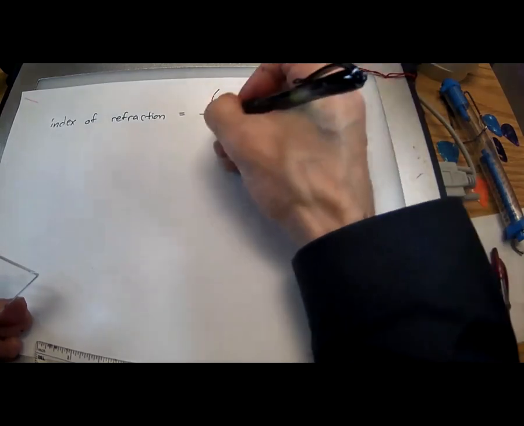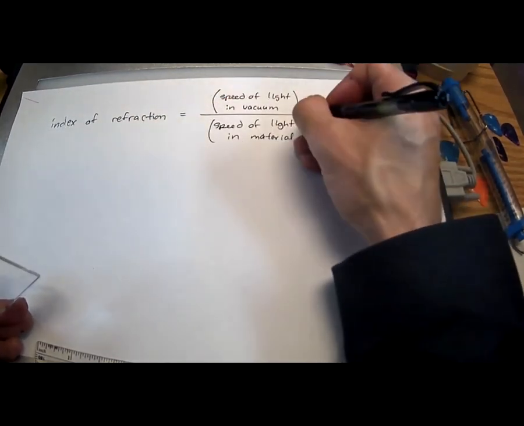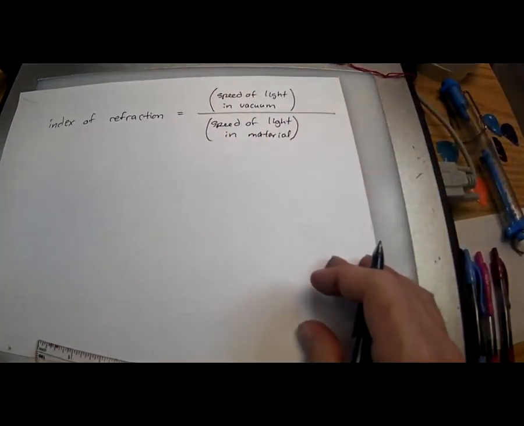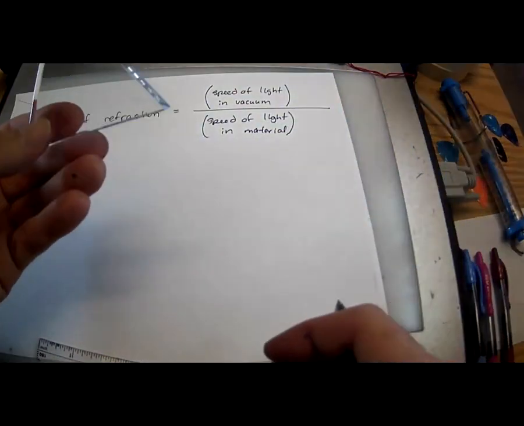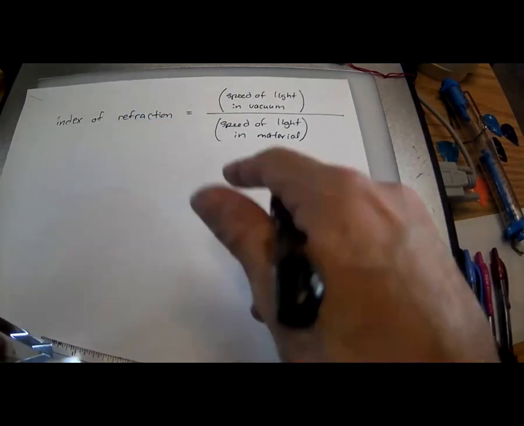The whole idea of the speed of light being 3 × 10⁸ meters per second is really only true in a vacuum, and then it'll be a little bit slower in here as the light is interacting with the molecules that make up this piece.